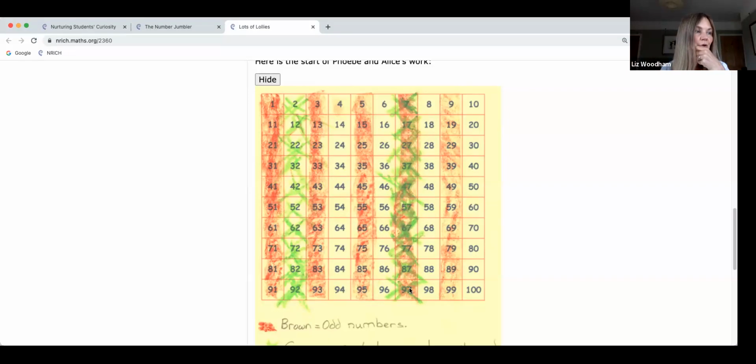And so of course you can tell from the 100 square straight away which numbers satisfy both of those conditions.